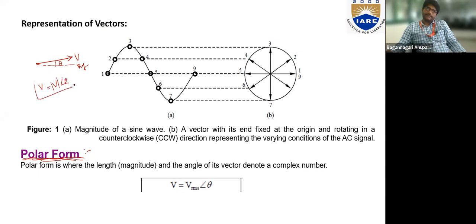That's it. Vector V, or if I want to make it numerical, vector V1, can be represented with two elements. One is the magnitude of the vector and the angle at which it is positioned with respect to a reference. As simple as that. Fine.